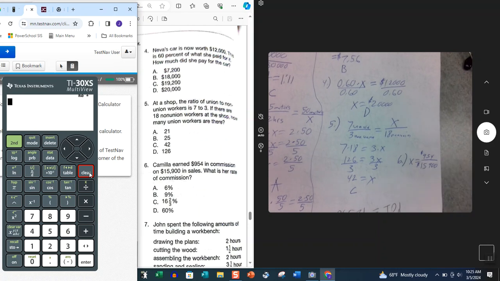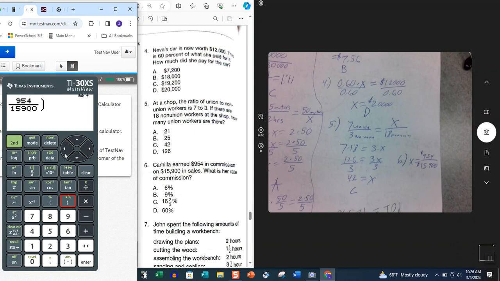So we could put this in our calculator, put N over D, so we have 954. The down arrow, 15,900. Hit the right arrow, and then we could press second, and then this close parenthesis.